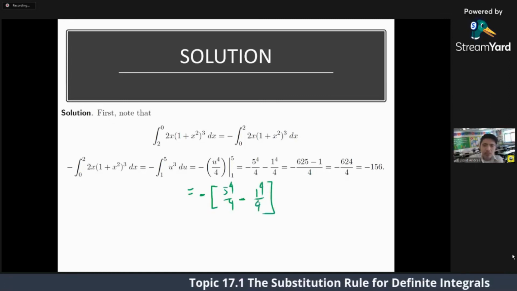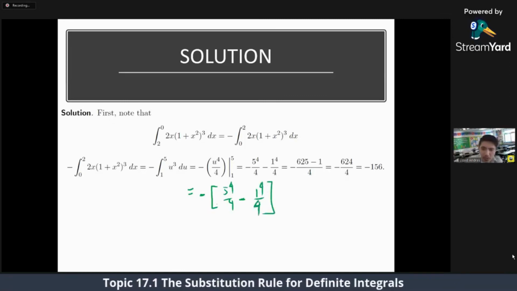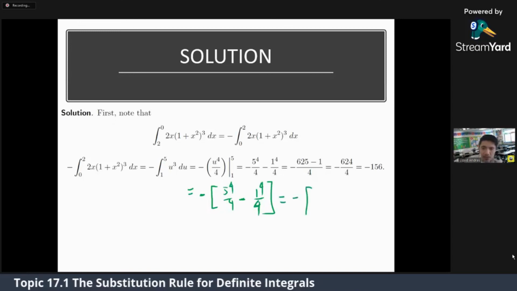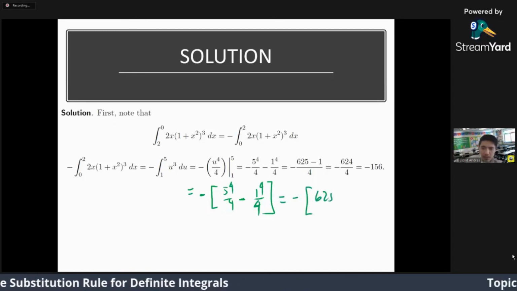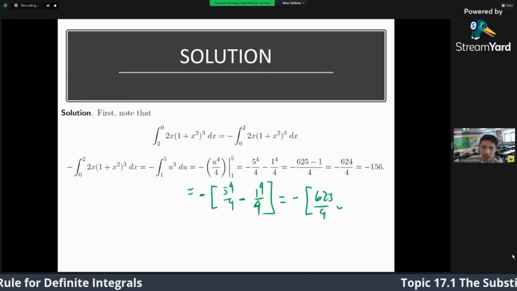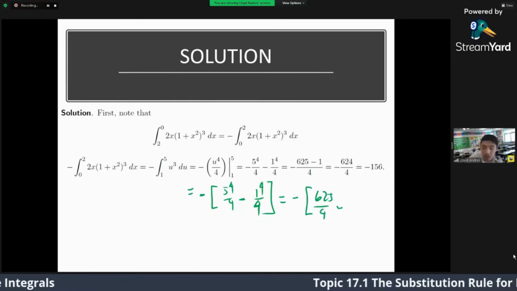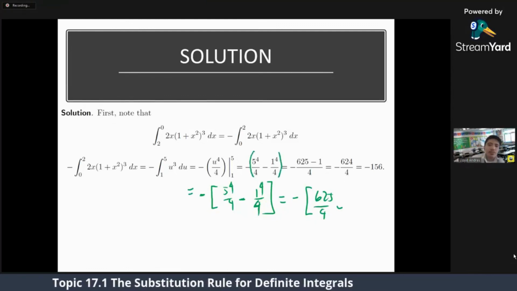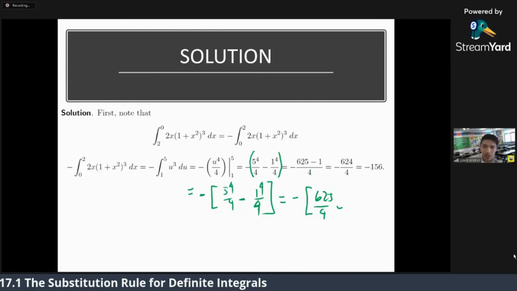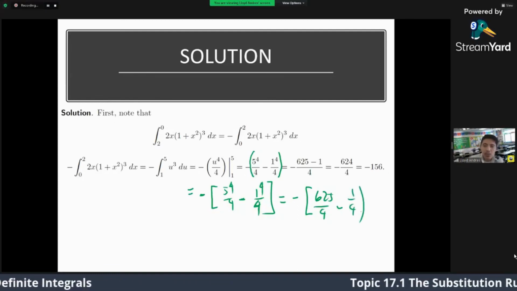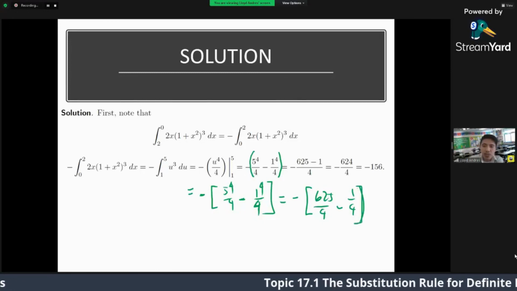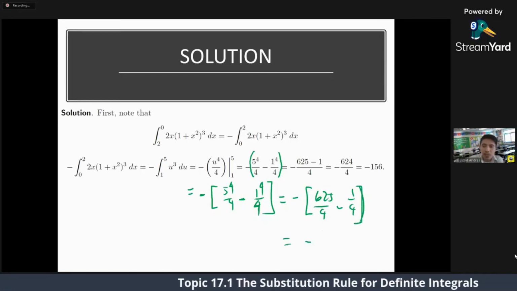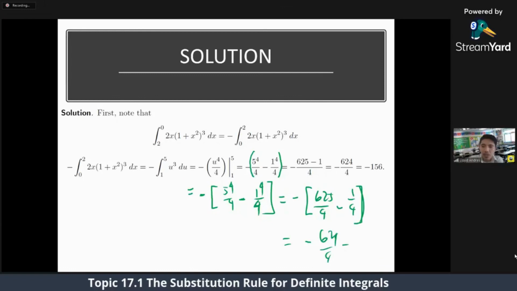If we simplify, that's the negative of 625 over 4 minus 1 over 4, with the parentheses. So that is negative 624 over 4, or negative 156.